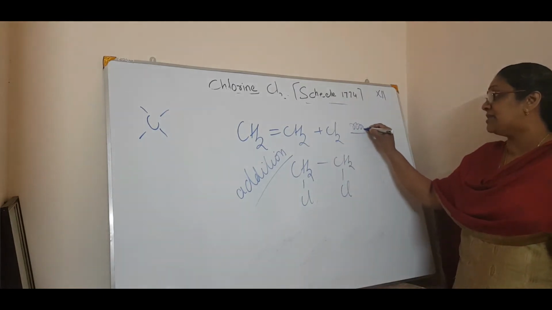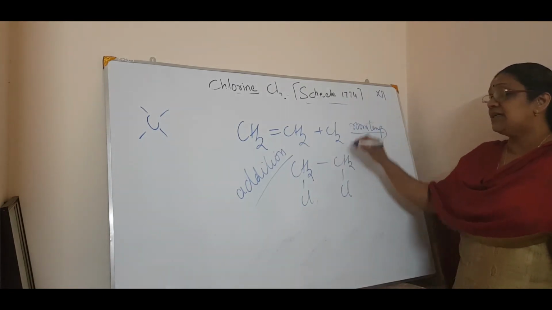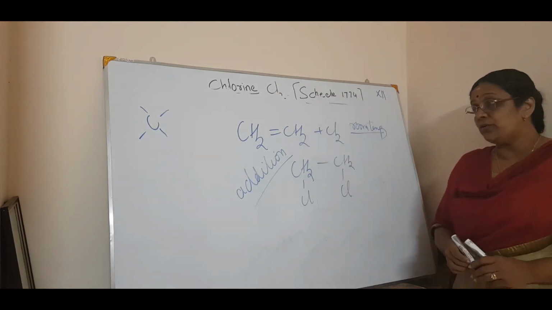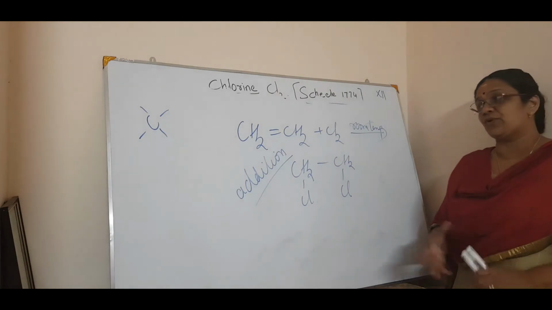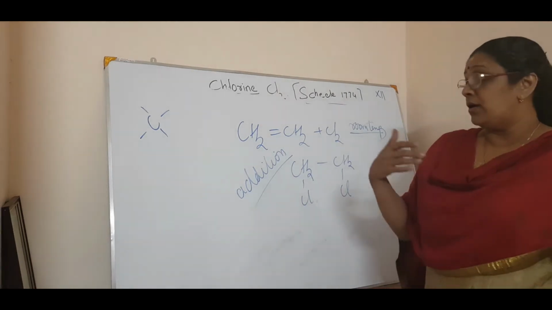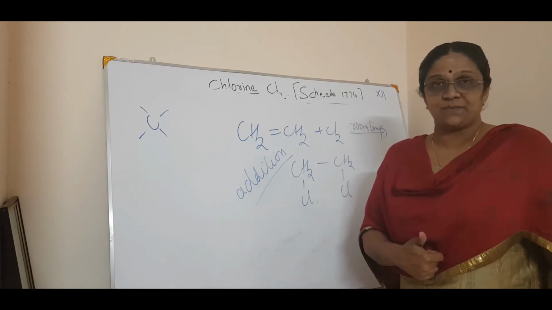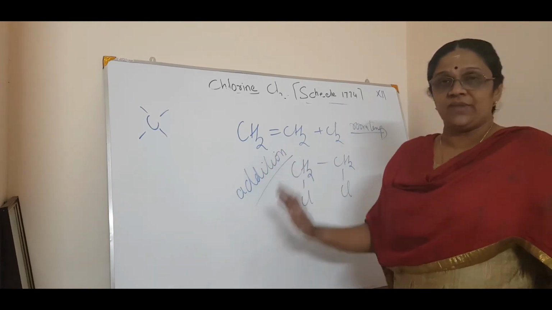This is at room temperature, no UV, just room temperature. So for an unsaturated compound, an addition reaction takes place with chlorine, and for a saturated compound, a substitution reaction takes place. That is the difference.